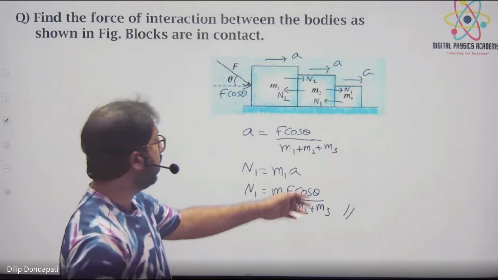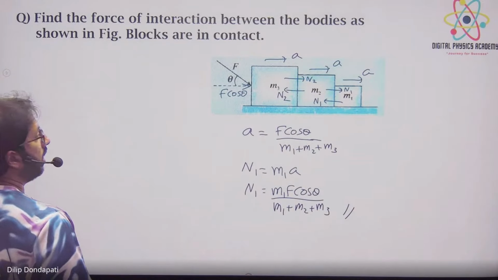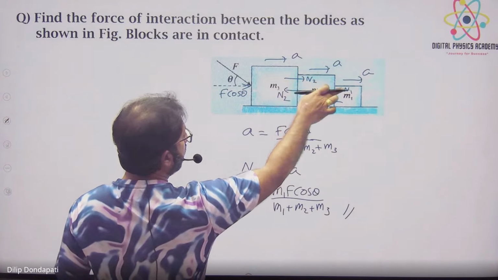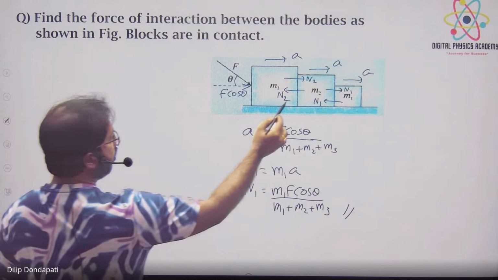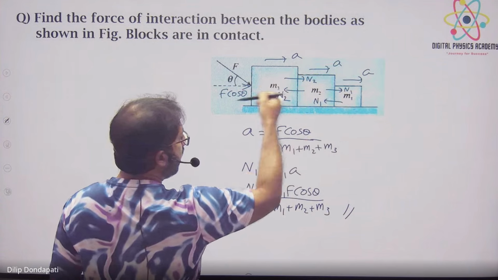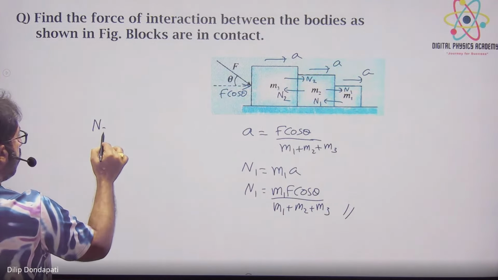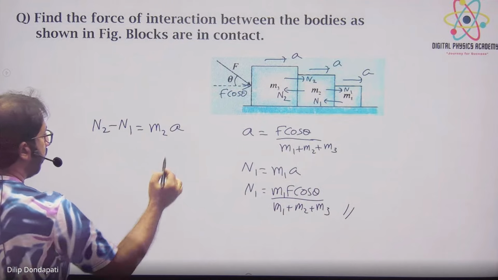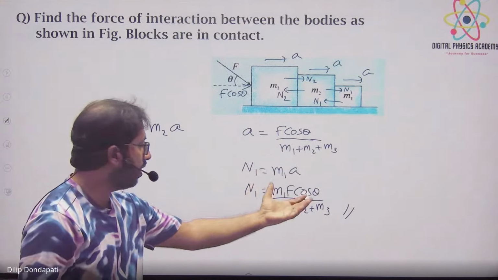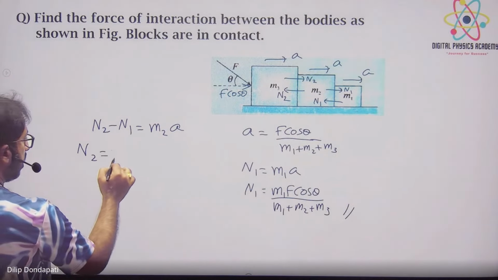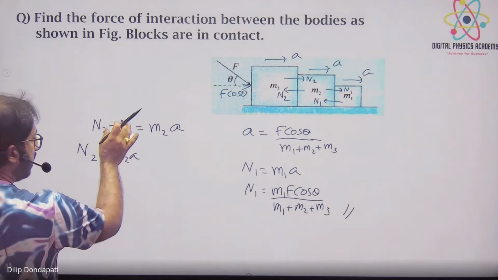Now which one will we take for N2? Whichever is easy. N1 has come, you know it. So take this one. For N2, what is the equation for mass m2? N2 minus N1 is equal to mass times acceleration. If I substitute N1, N2 is m2a plus N1.